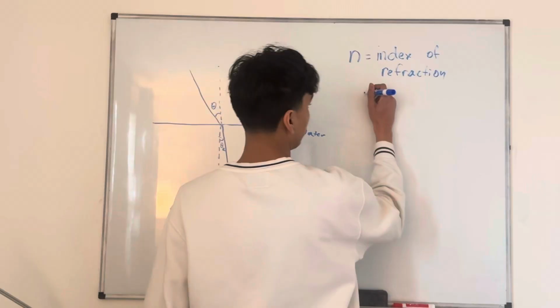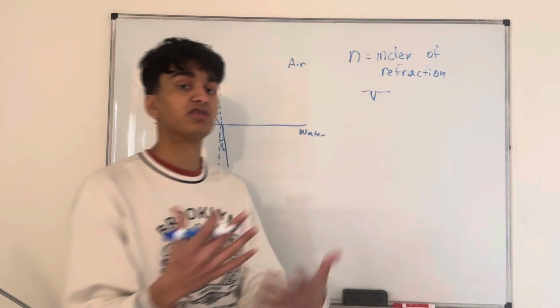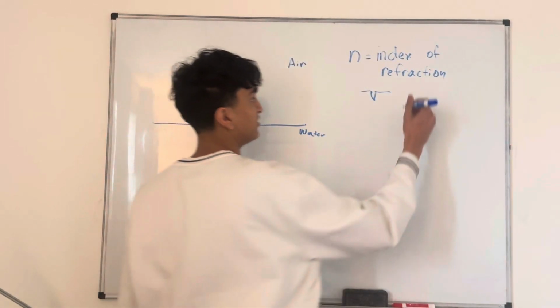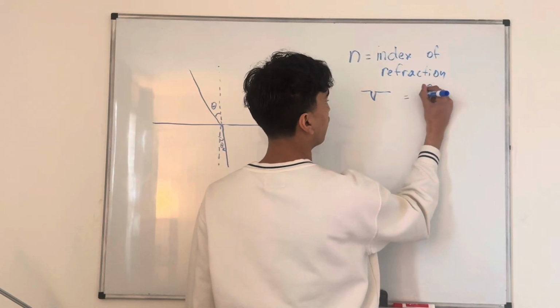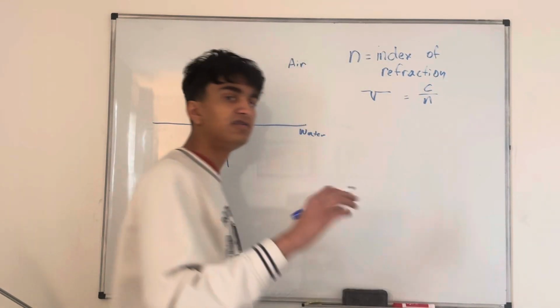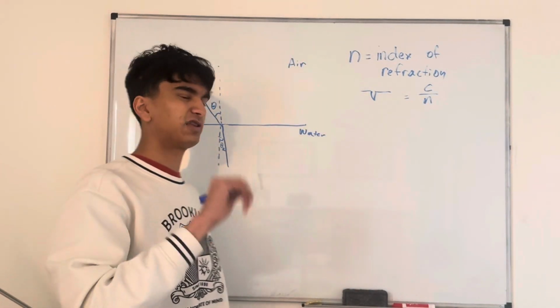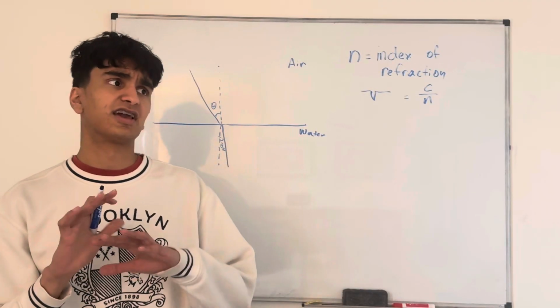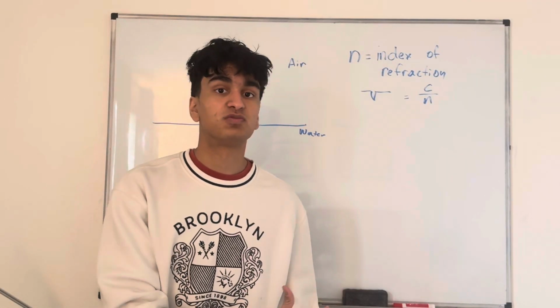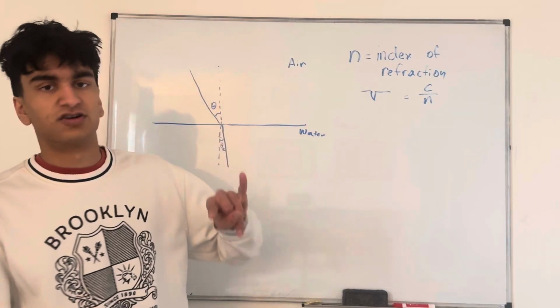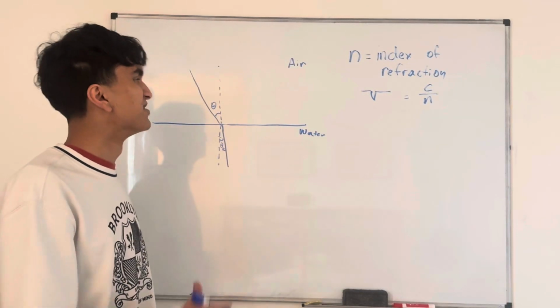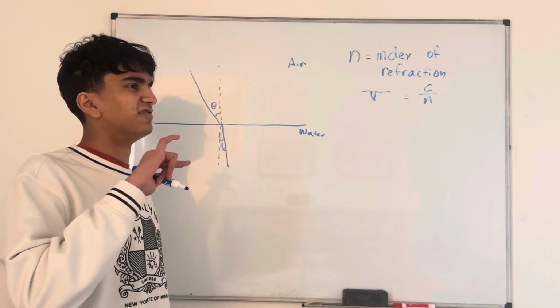So the equation for the speed of light in a material is going to equal c over n. Not c times n, c over n. That's why I was a little hesitant on saying n is the factor at which speed changes, because it's the inverse of the factor, or the factor of the inverse.